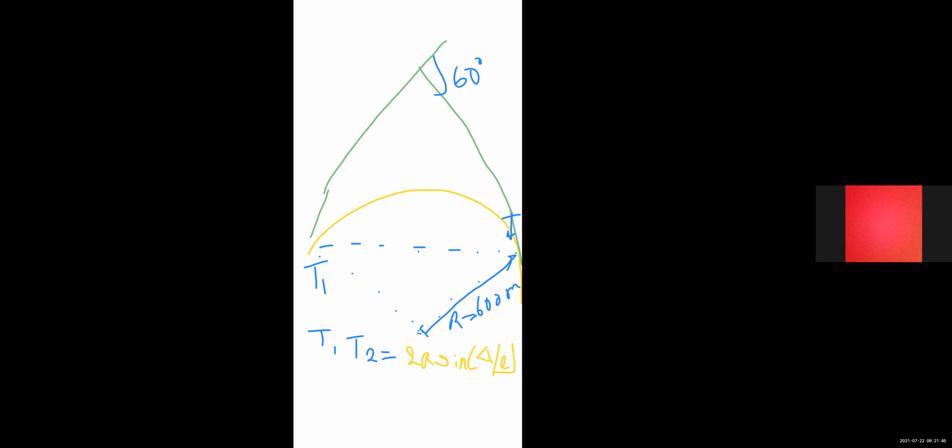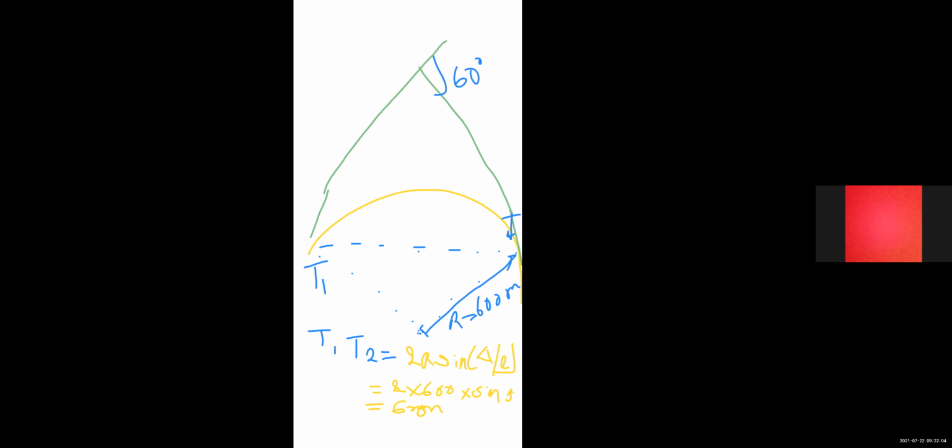So this is equal to 2 into 600 into sine 30 degree. So this value equal to 600 meter. 600 meter is the length of long chord.